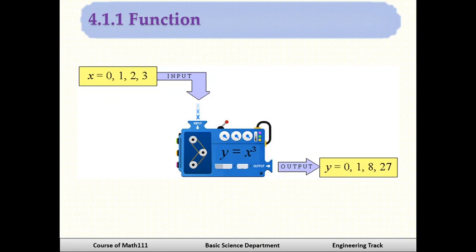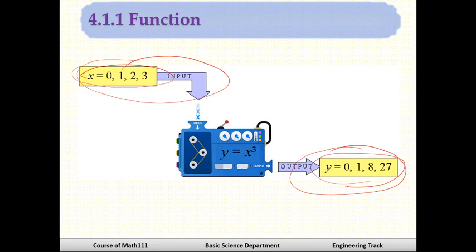Now, you can think of a function as a machine which has inputs and gives outputs. Most of the time in mathematics, the inputs are the x values, and the outputs are the y values.